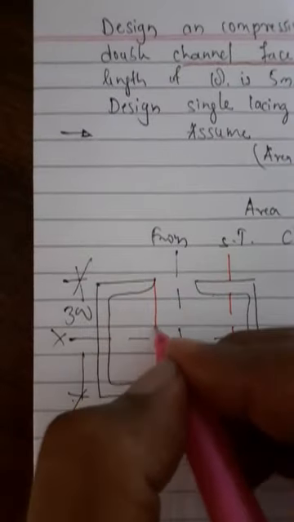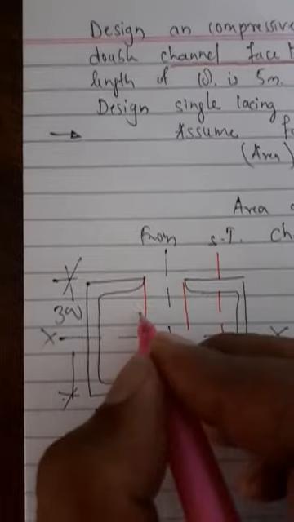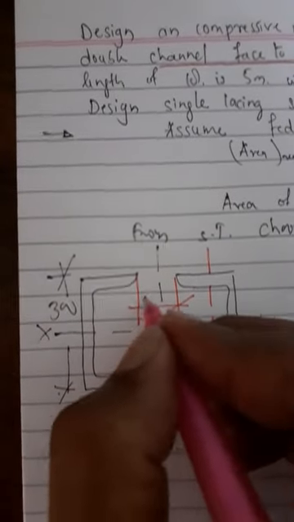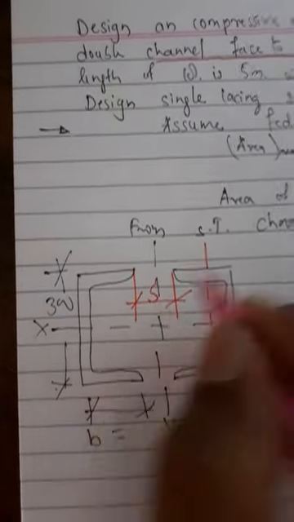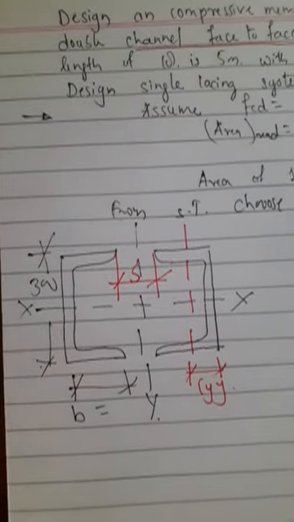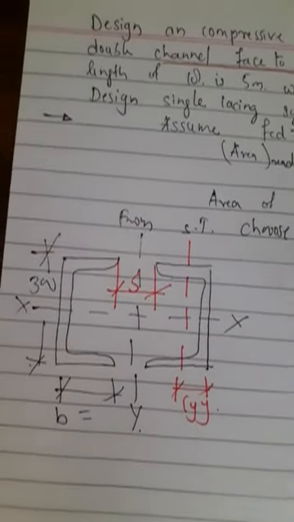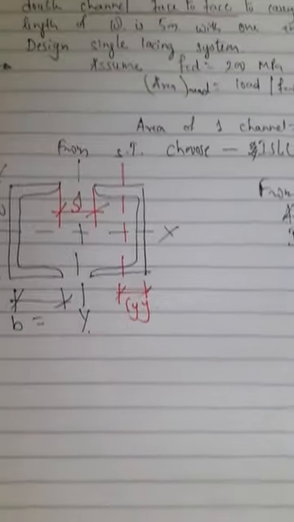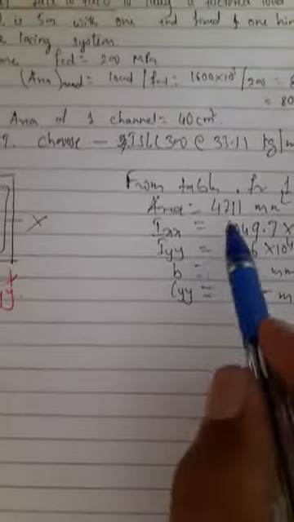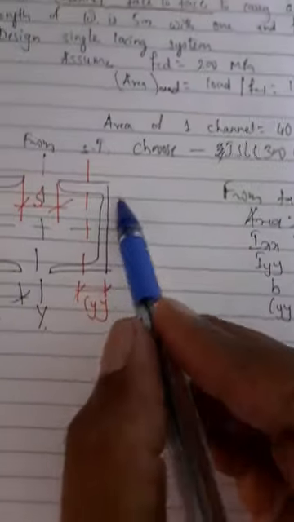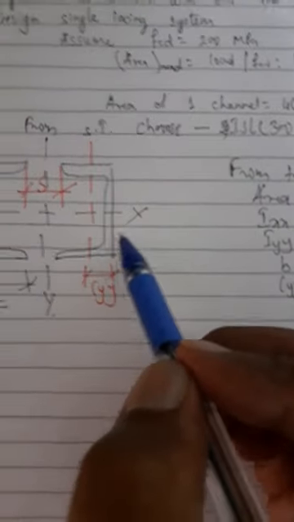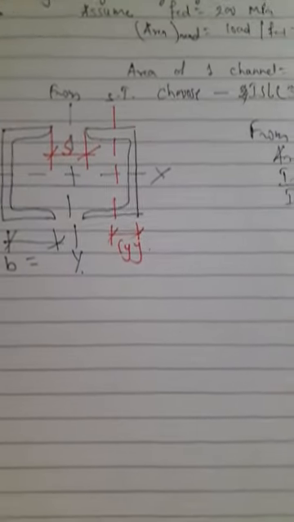Let this distance be spacing S. Now you have to arrange spacing S such that IXX for the whole section is equal to IYY for the whole section. Remember, small IXX and IYY are values for one individual channel. I want IXX and IYY for the whole section.